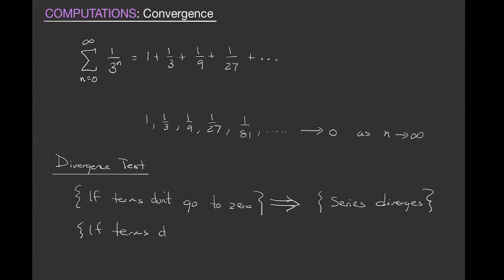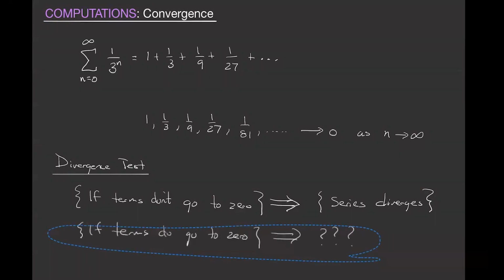If the terms do go to 0, the divergence test basically says, I don't know. Don't ask me. It's only useful in the case where the terms don't go to 0. It's a really, really easy thing to get mixed up.